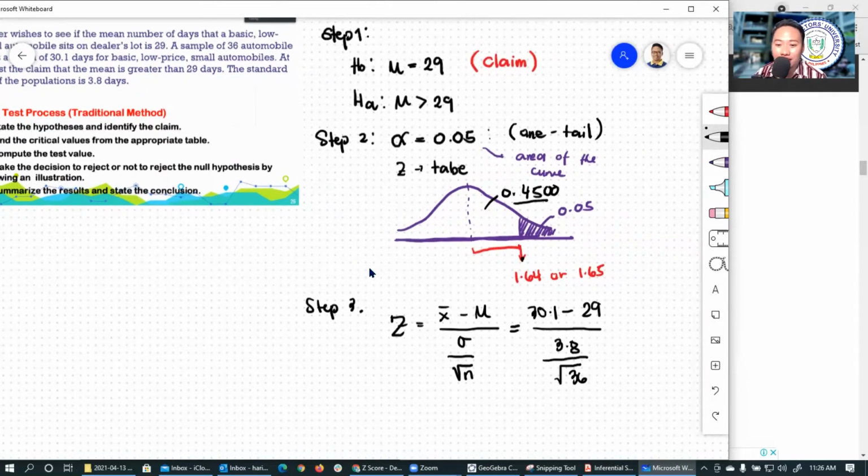So what is it, guys? Go, use your calculator. 30.1 minus 29, over 3.8 over the square root of 36. What's your answer?